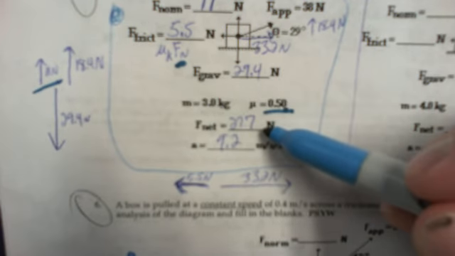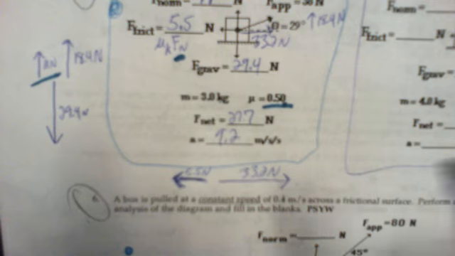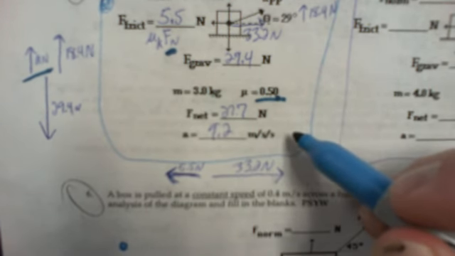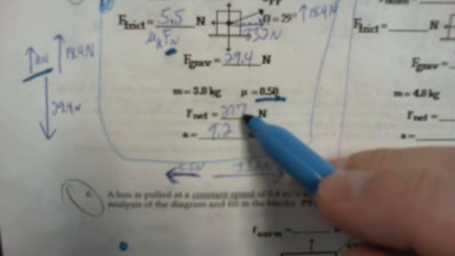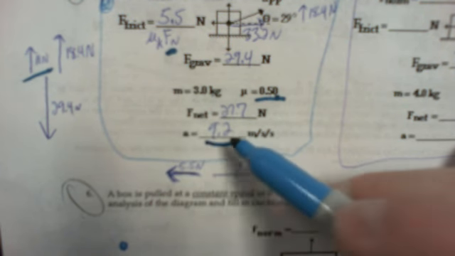So the net force winds up being this minus this, which gives you 27.7. And then to find acceleration, as we always do, net force divided by mass. So 27.7 divided by 3 gives you a final answer of 9.2. Okay, pause the video if you need to write that down, because you're going to have to do two problems here that are very similar to that.